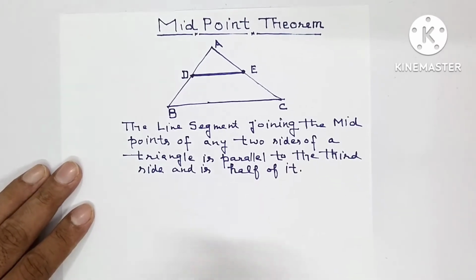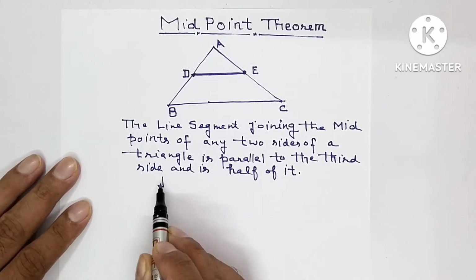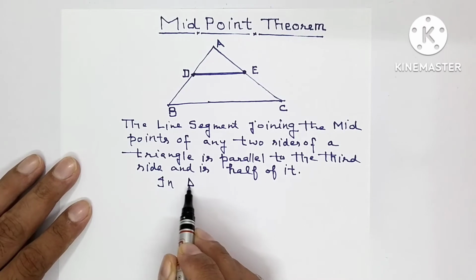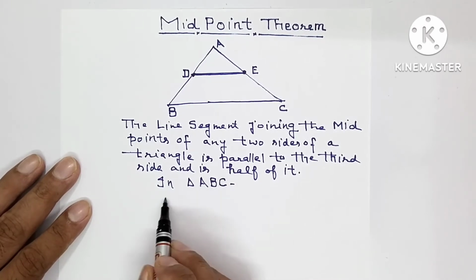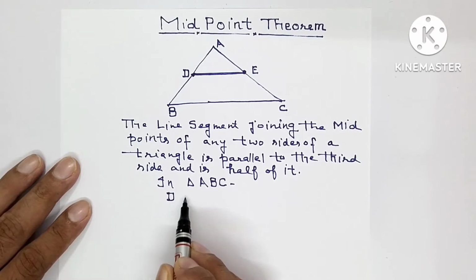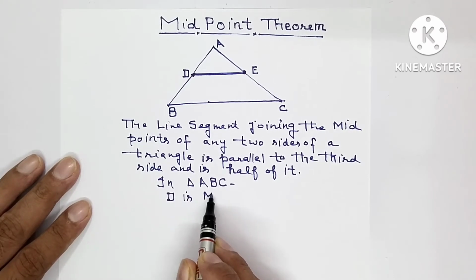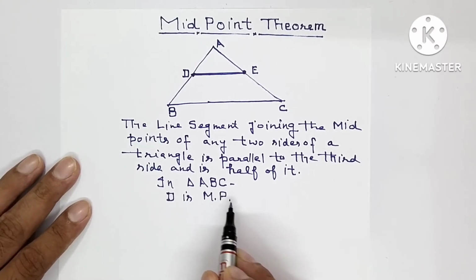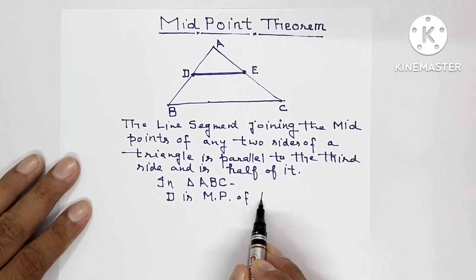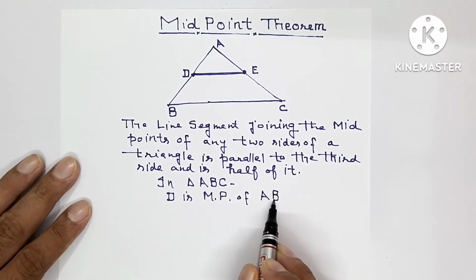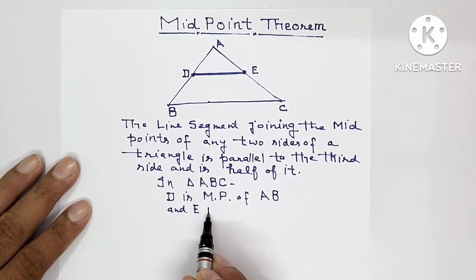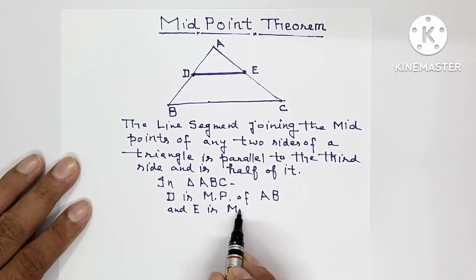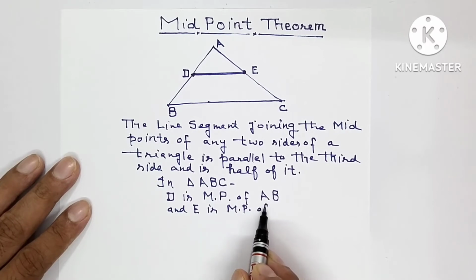So you can see here, in triangle ABC, D is the midpoint of AB, and E is the midpoint of AC.